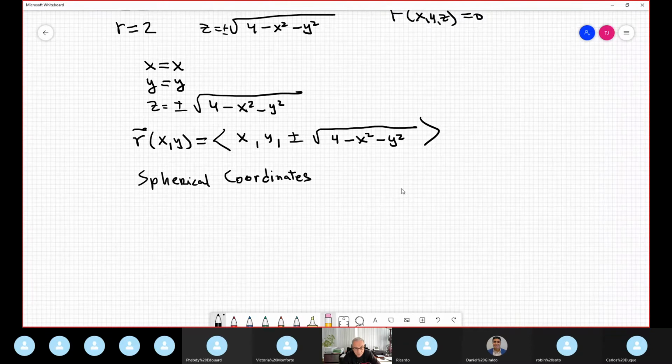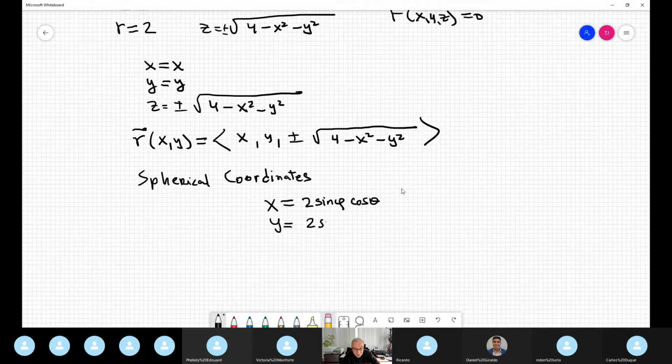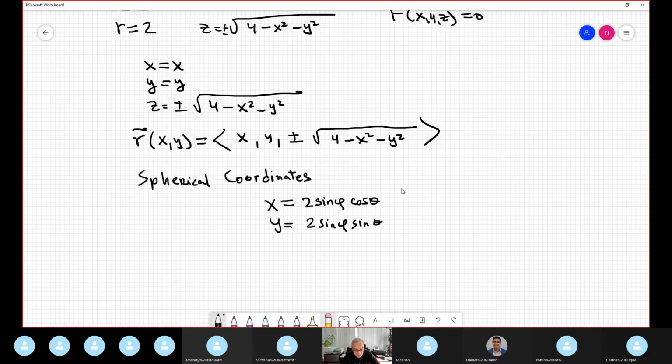You don't need to memorize these formulas; you have them in the book or on the internet. In this case, x is equal to the radius 2 sine phi cosine theta. y is equal to 2 sine phi sine theta. And z is 2, because the radius is 2, cosine phi.